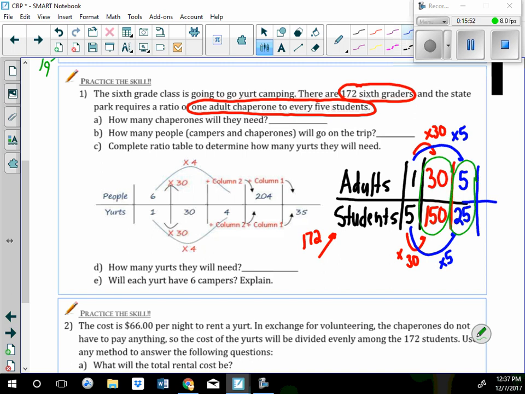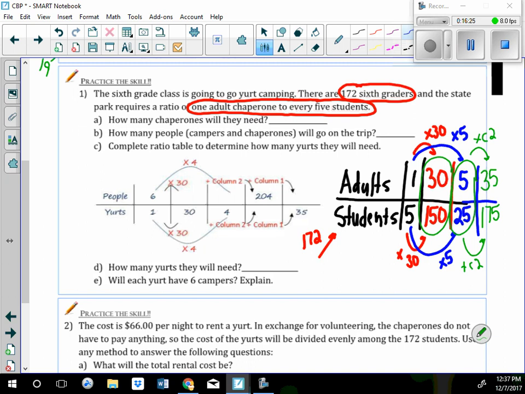So that means if I add column 2 to column 3, 35 adults are needed for 175 students. Okay. All right, so this is 3 over the number of students we have in 6th grade.